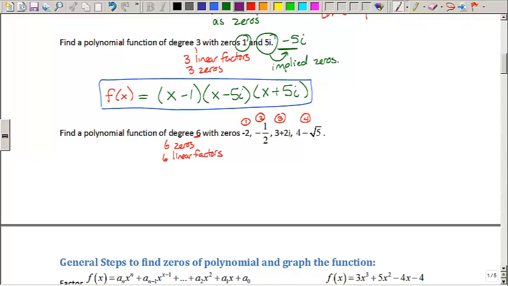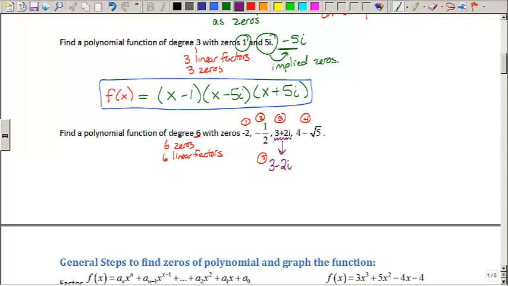Well, looking at 3 plus 2i, I know that's a complex number. Because complex numbers come in pairs, I know that I have an implied 3 minus 2i zero. That will be my fifth zero, because complex numbers come in pairs of their conjugates.